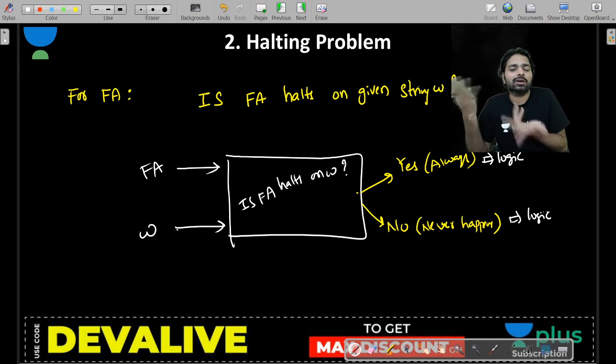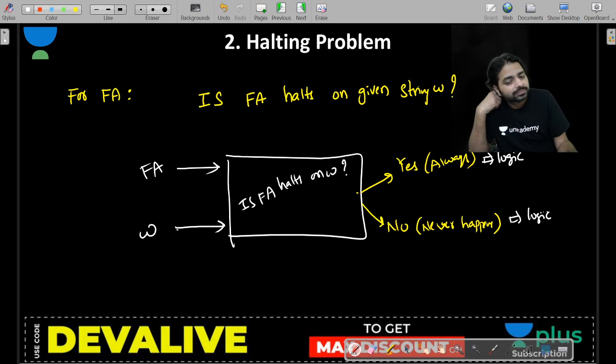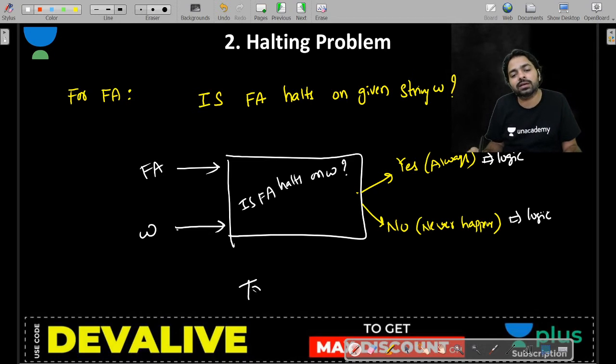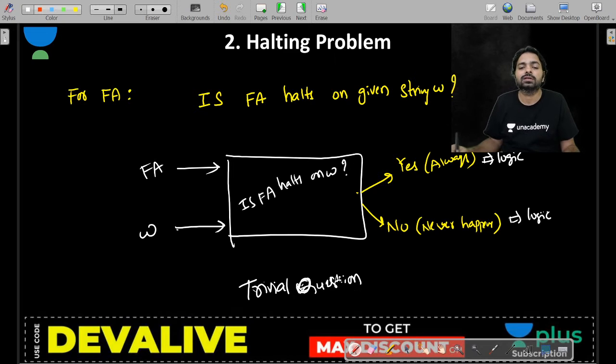Nobody can say a finite automata never halts. So this is a trivial question for finite automata. The answer is decidable.